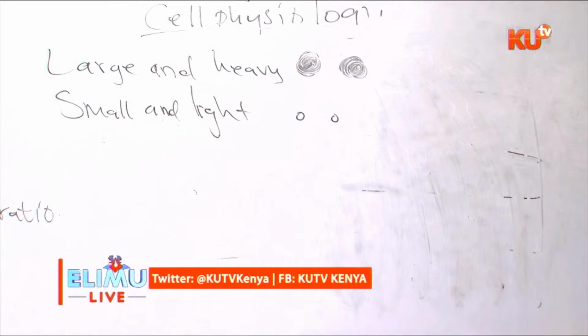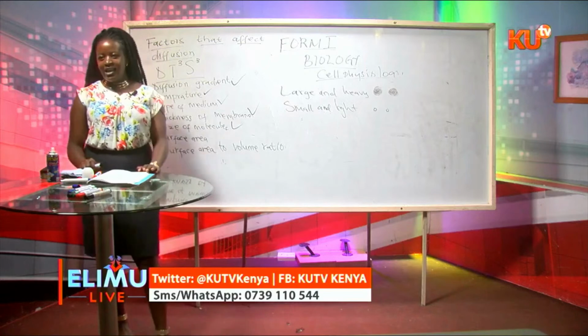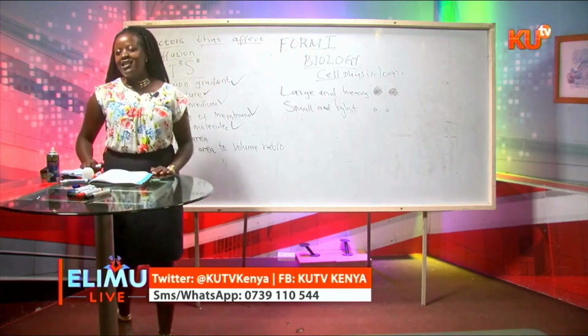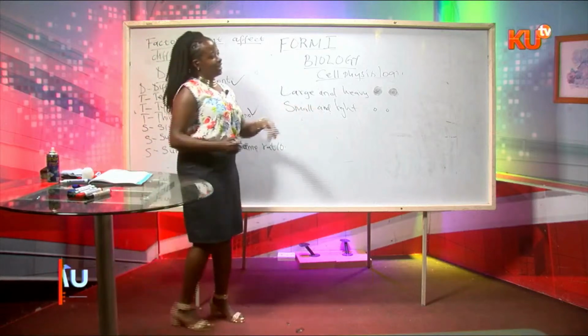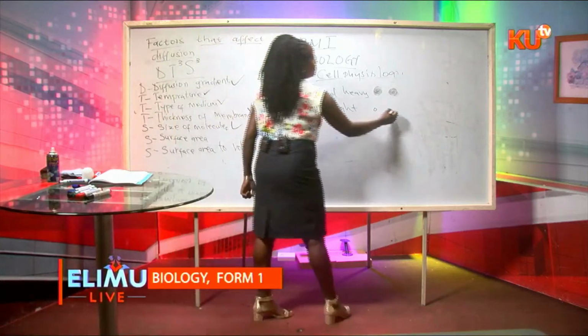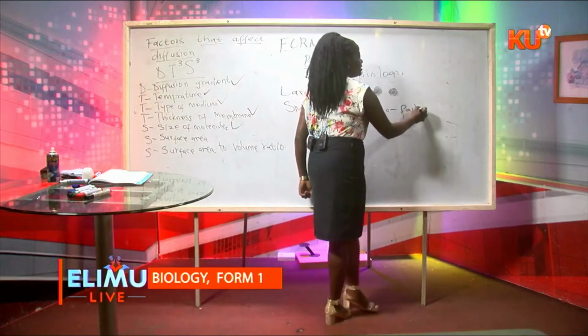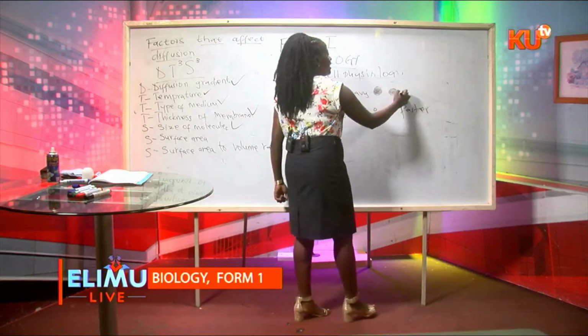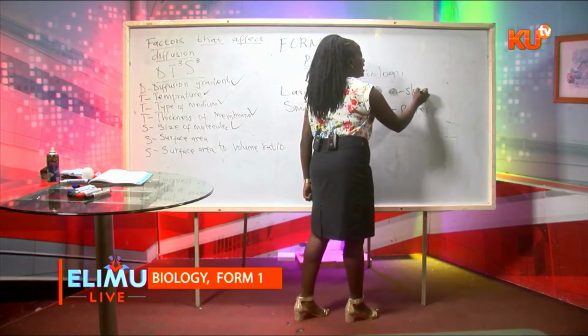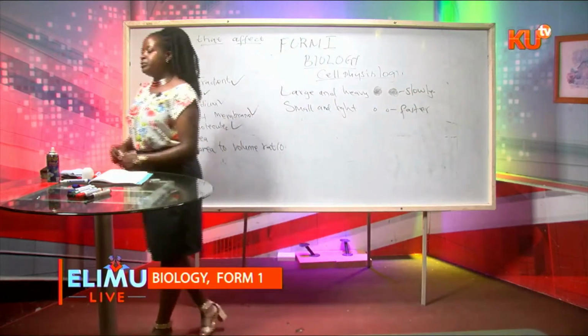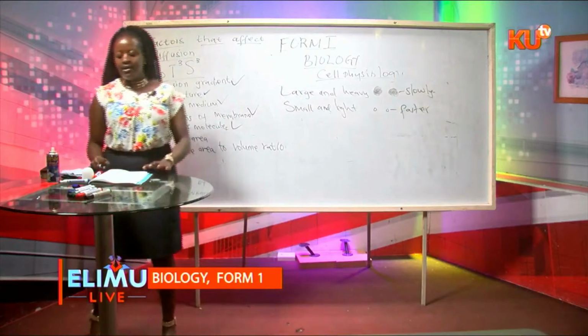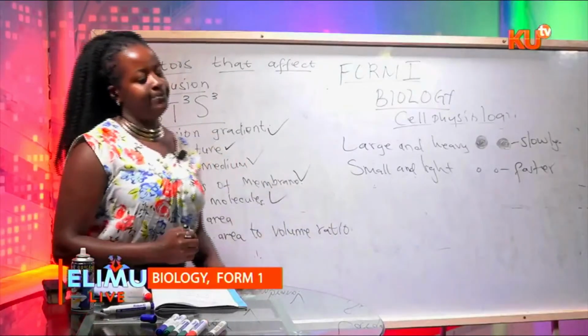So small and light molecules diffuse faster than heavy and large molecules. Heavy and large molecules will diffuse slowly due to their size and due to their weight.